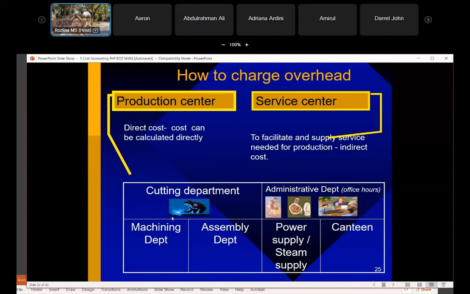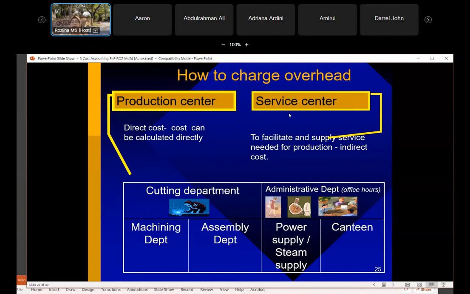Direct cost. Okay, we also have a service center. If you look at one building, we have the administrative department. The administrative area has HR, clerks, and top management. They will sit in this office, the administrative department.